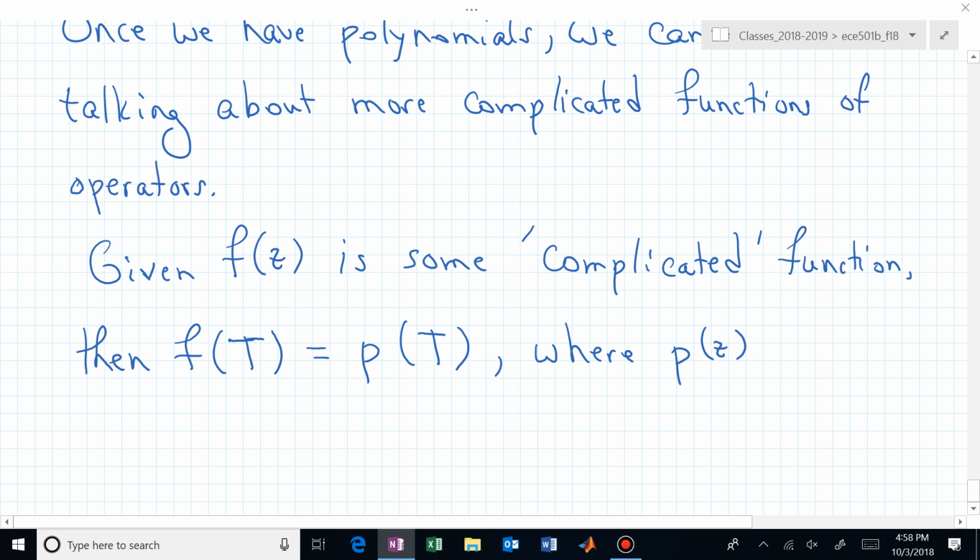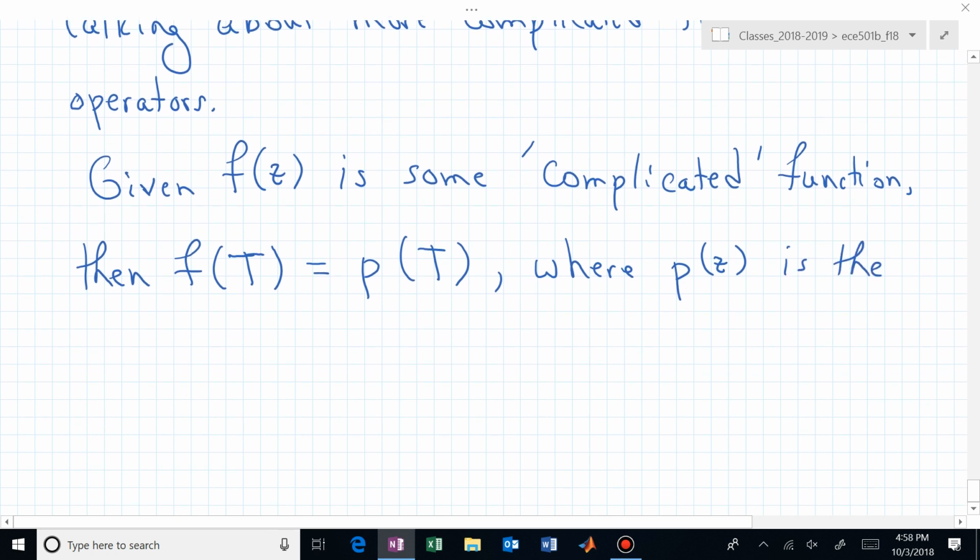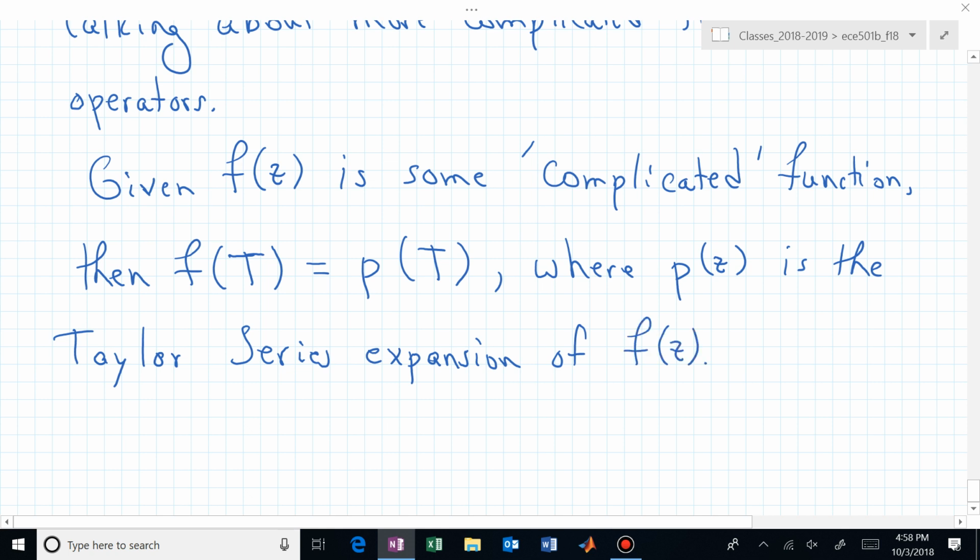where p of z is the Taylor series expansion of f of z.